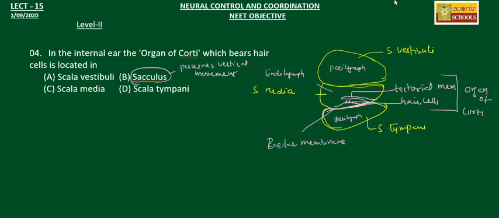So this is different. The scala vestibuli and scala tympani don't have the organ of Corti. So the option scala media is the one that consists of the organ of Corti, which is the actual auditory receiving structure. So option C is the right option.